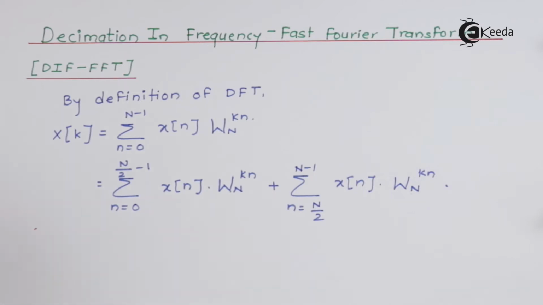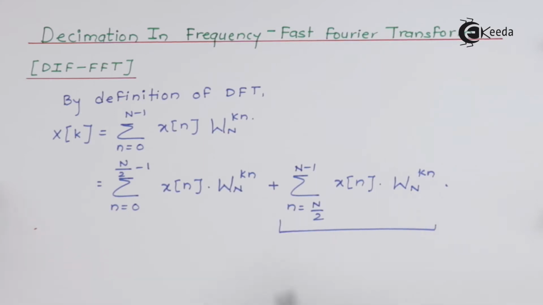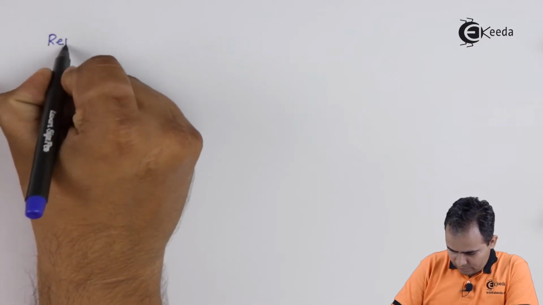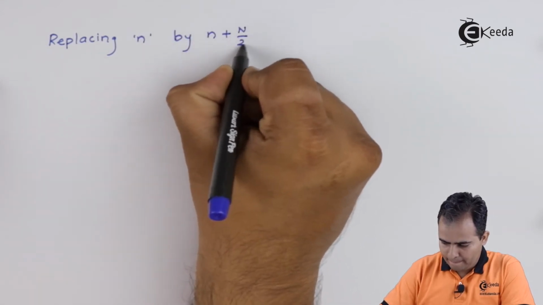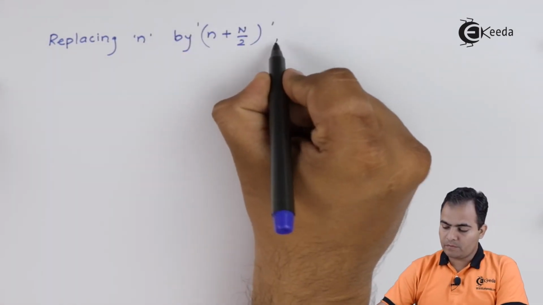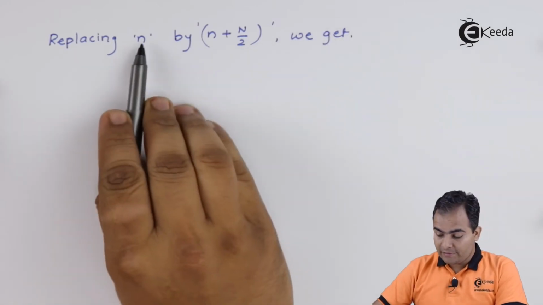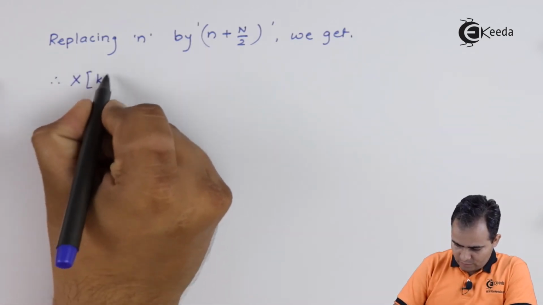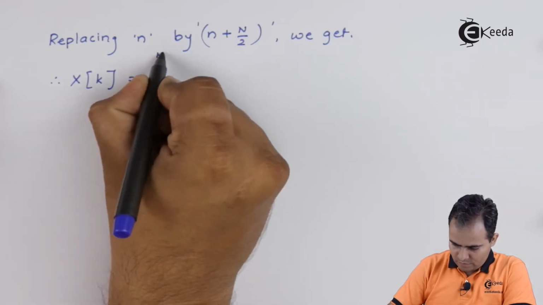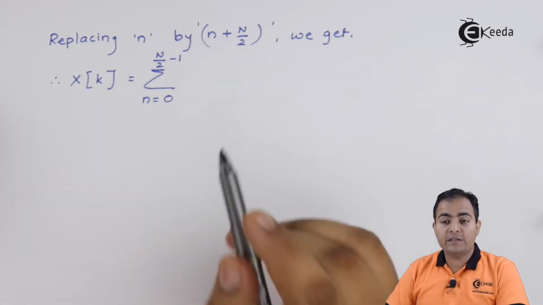Now I'm going to replace some values. In the second summation, I'm going to replace n by n plus N by 2. The first summation remains the same, because I'm changing the n value only in the second summation.